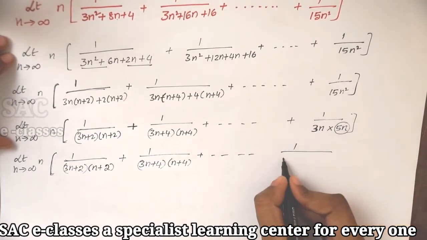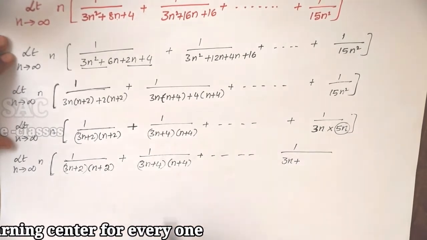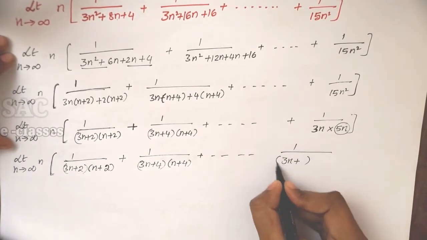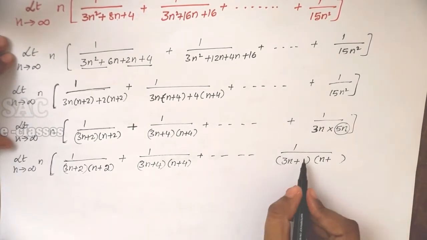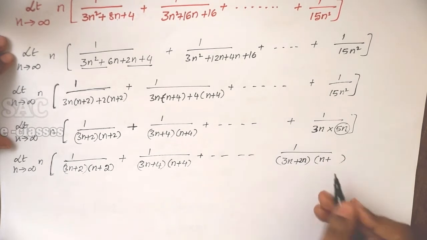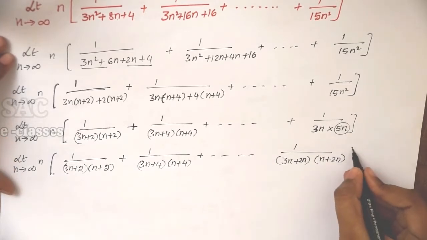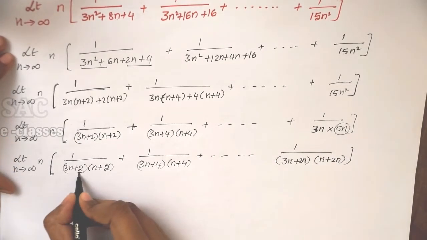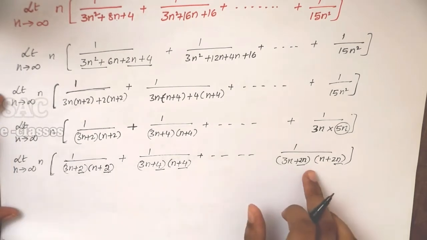Clearly here also it is 3n plus some value, and n plus some value. To get 15n square, the last term needs 3n plus 10n... what am I supposed to add? Yes, I am supposed to add 2n, here also 2n. Now I got 15n square. Now you got it. What is the change? From 2 to 2n we got it.